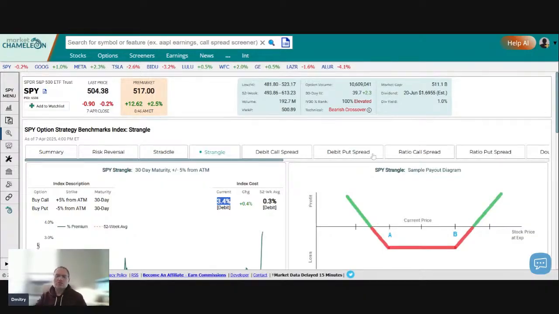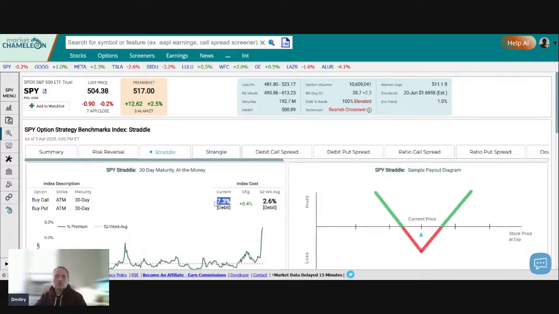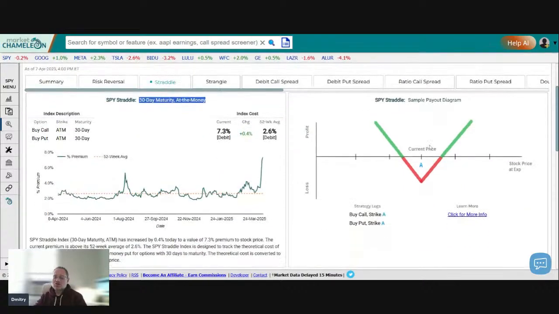So let's look at a straddle in comparison. So here's a straddle. You can see here, this is looking at 30-day maturity, just like the other ones, but we're looking at the money strikes. So at the money strikes, here's the current spot price and the strike.